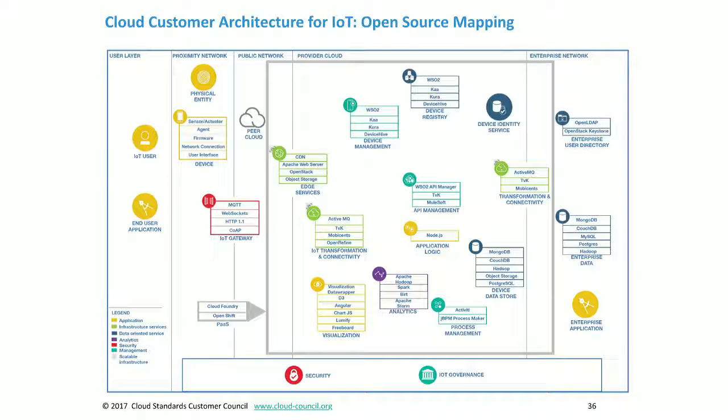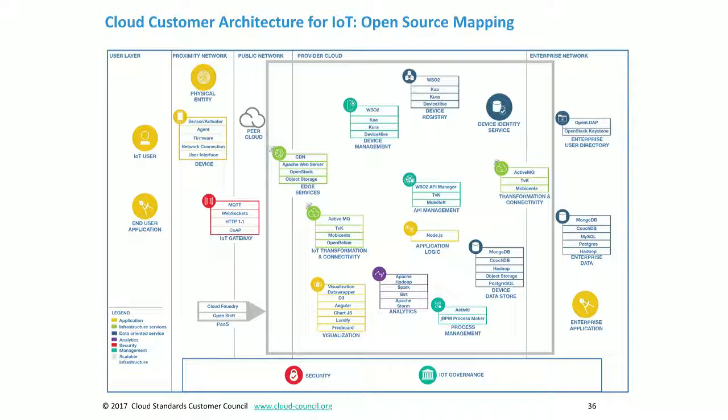Next is the application logic. Node.js is a very popular open source choice. Next is the device data store: MongoDB. This is similar to what we have in enterprise data, but we also listed CouchDB, Hadoop, object storage, and PostgreSQL.